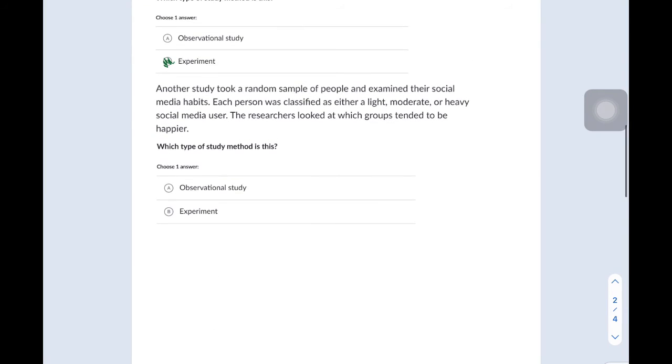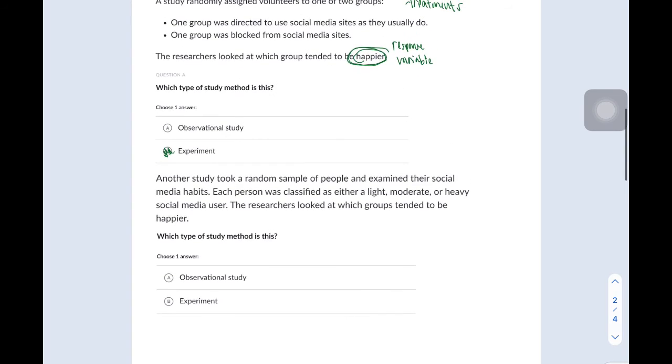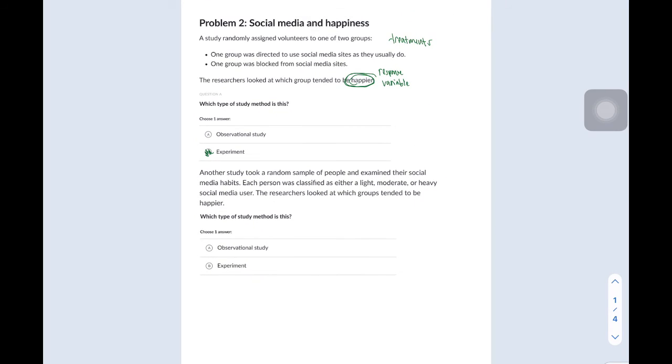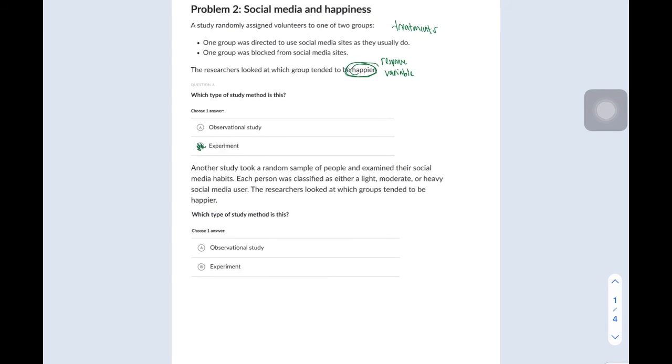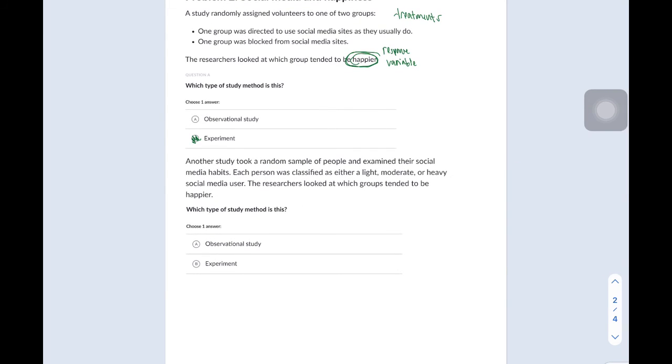Okay, so next one, if you want to pause it and try it on your own, go ahead. Another study took a random sample of people and examined their social media habits. Each person was classified as either a light, moderate, or heavy social media user. The researchers looked at which groups tended to be happier.